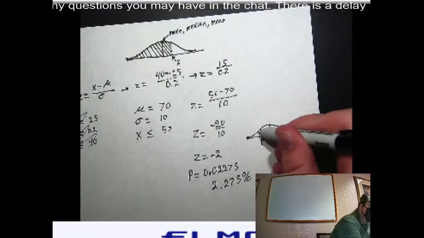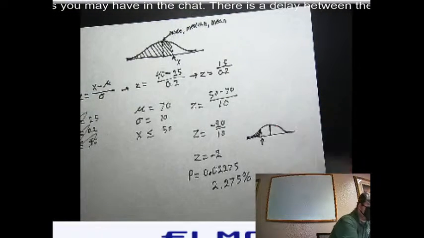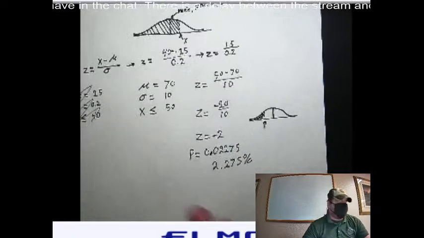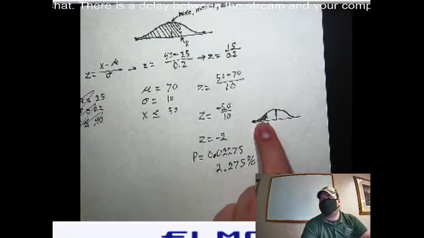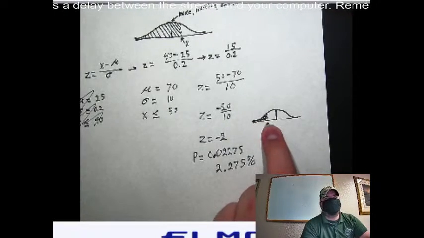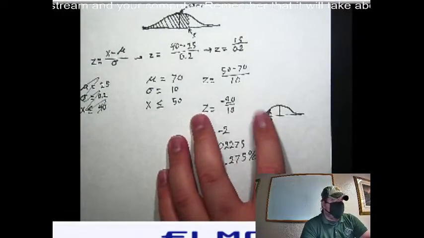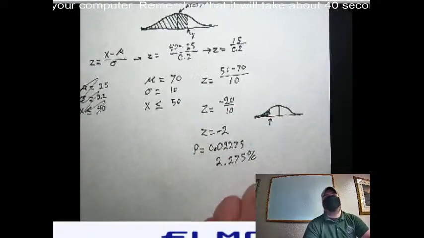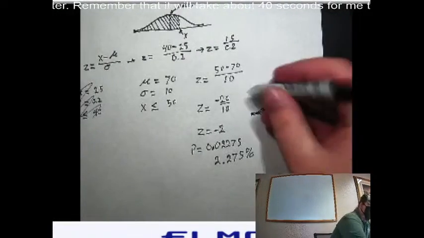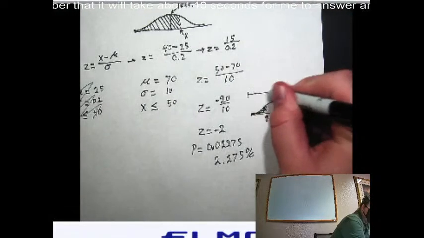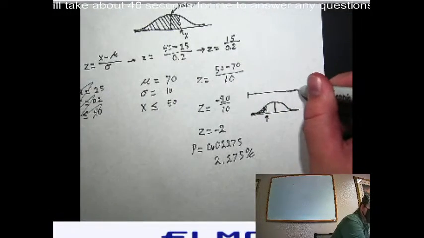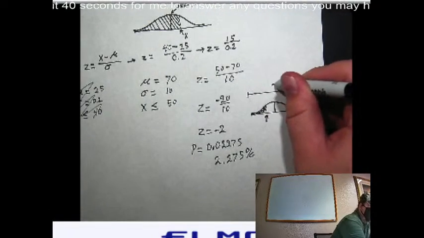So our x value is about right here. We just calculated this area right here. Again, this is behind our x value, which in this case was 50. If we want to calculate above that, we need to remember that the entire data would represent a probability of 1.